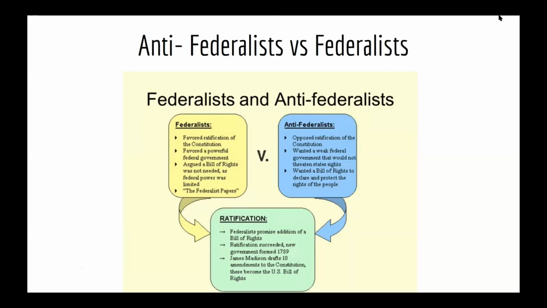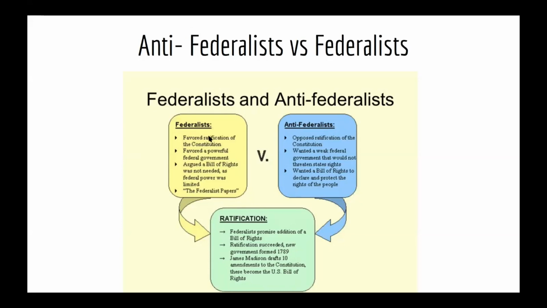Today we have two main political parties, the Democrats and Republicans. While the Anti-Federalists versus Federalists weren't considered the first political parties, they were almost like a predecessor to the two different groups that dominated the political sphere.